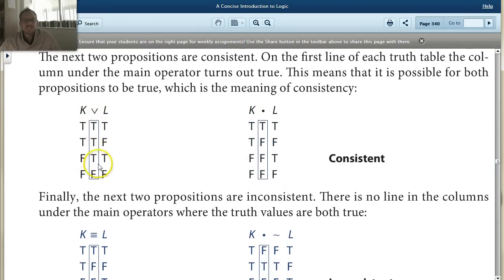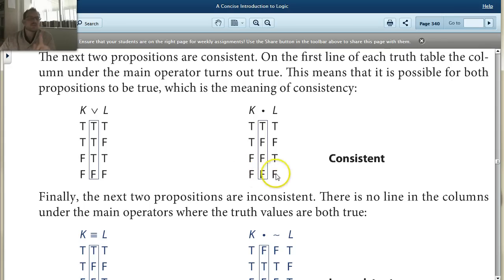Okay, so consistent here. The first line here is true and true, right? And notice these are all false and these are all false, right? So this is consistent because of this first line. So true and true, that automatically means that these statements are consistent. This is true and this is false. This is true and this is false. And then we have false and false.